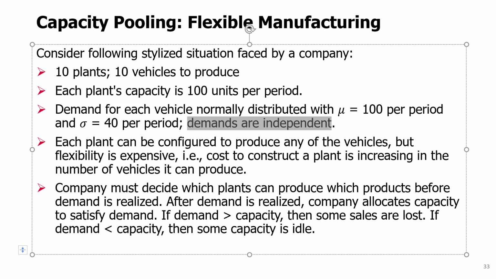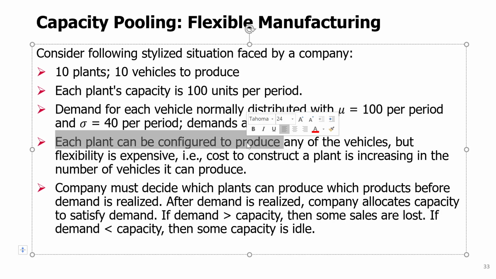Now, each plant, this is the interesting part, can be configured to produce any of the vehicles. So it can be configured to produce one vehicle, but it can be configured to produce more than one, two, three, or up to all vehicles. But flexibility is expensive.